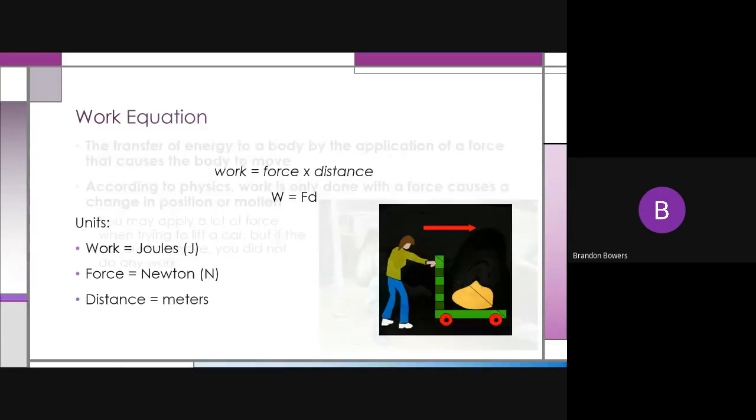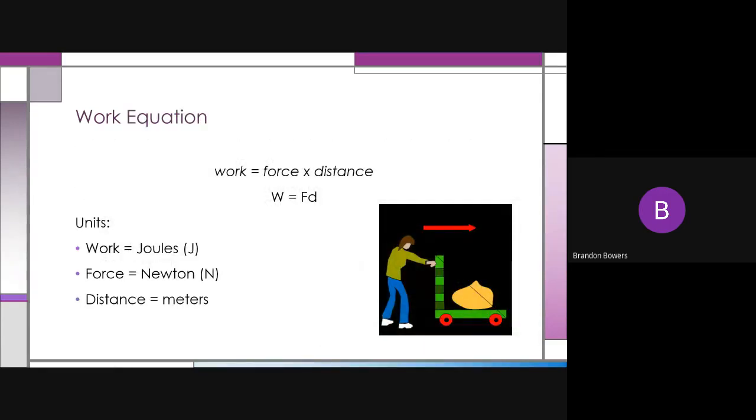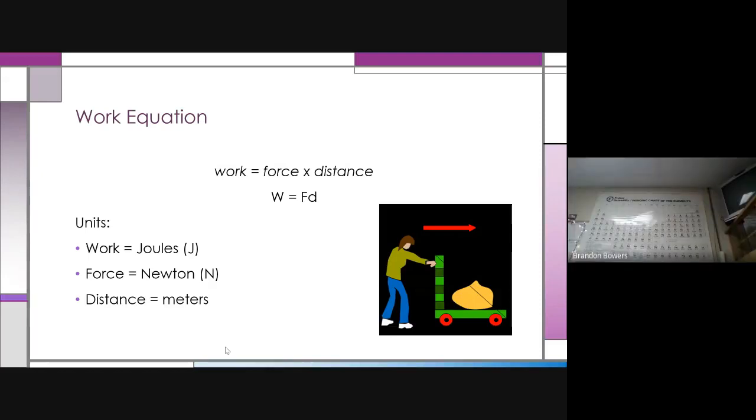All right. So here is the equation for work. Work is equal to the amount of force times the distance. That kind of makes sense. So if my distance is 0, my work is 0. That really makes sense.